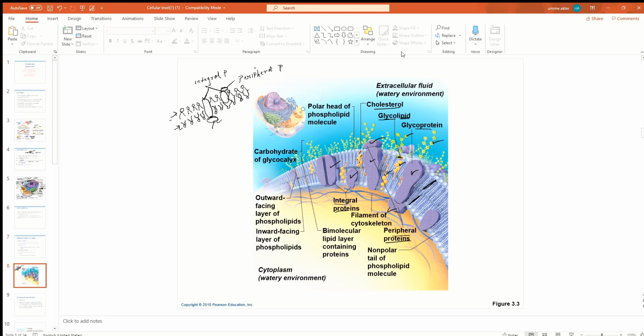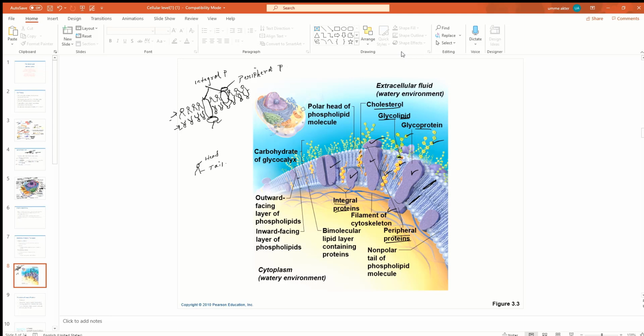Now a single phospholipid unit looks like this, right? This is called the head of the phospholipid unit, and this is the tail part.